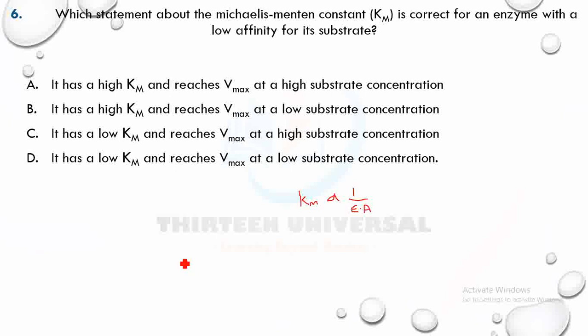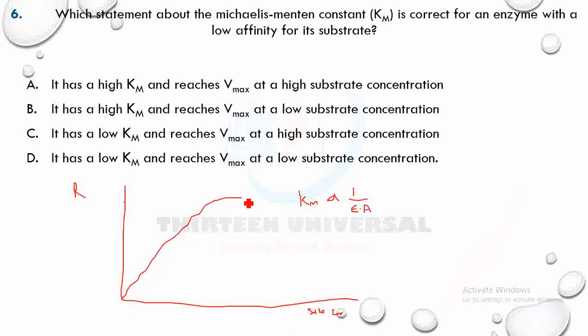Do you remember that graph of enzyme, the graph of substrate concentration against rate of reaction? Let me call it R here. You see, the graph usually goes up and then levels off.